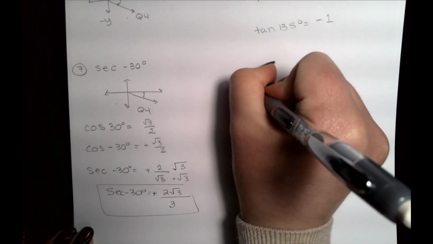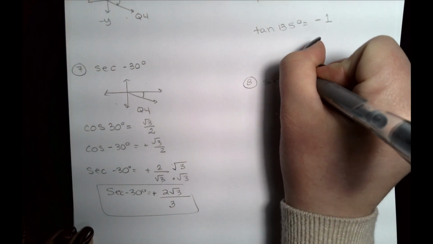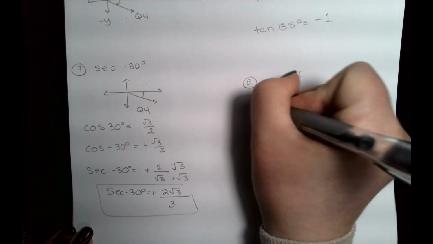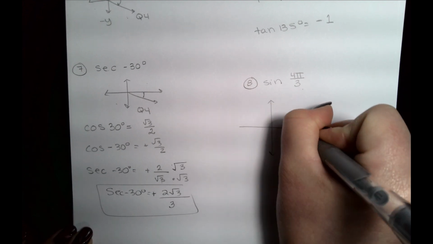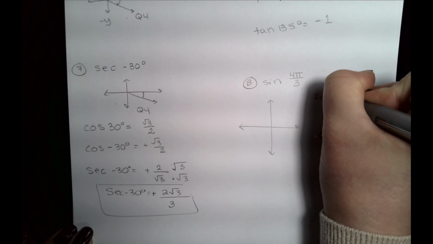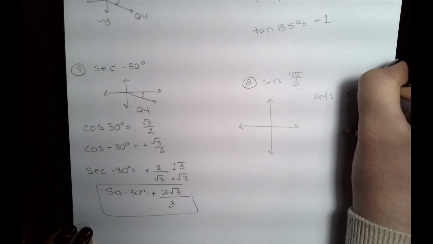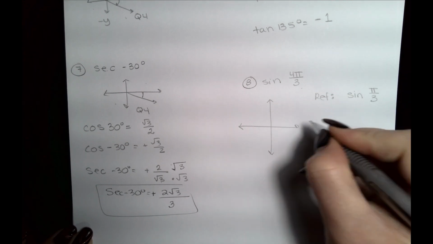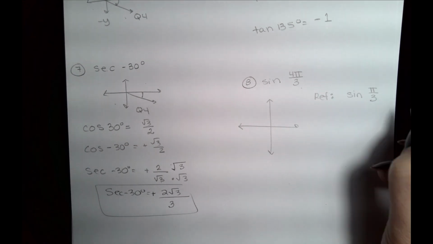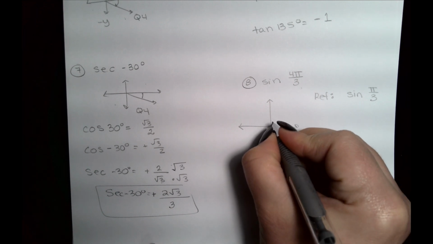Question number 8 is sine of 4 pi thirds. As we know immediately the reference angle, because in radians we just look at the denominator, the reference angle is going to be pi thirds. That means we are at a 60 degree reference angle, because I'm thinking 3 and 6 have a relationship. 4 pi thirds, we are actually going to be in quadrant 3.